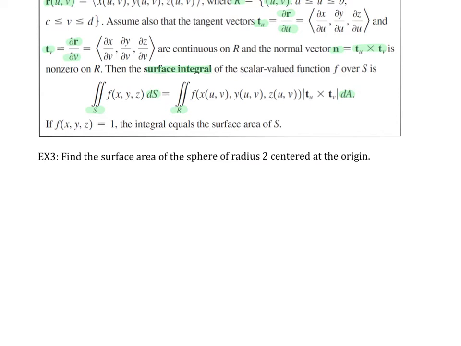The Jacobian turns out to be the magnitude of our normal vector. So it's going to be our function times the Jacobian, which is the magnitude of our normal vector.